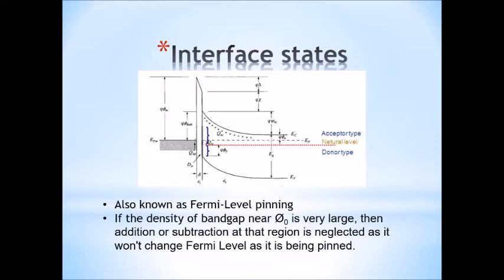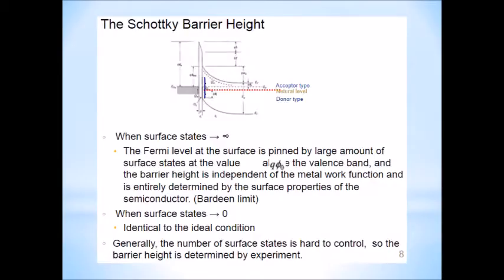So I will tell what the effect is if the difference between the neutral level and the donor state is very large. When it's very large, the addition or subtraction in that region is neglected, as it won't change the Fermi level, as it is being pinned. Now we will proceed. What is the effect of the interface state on the Schottky barrier height?